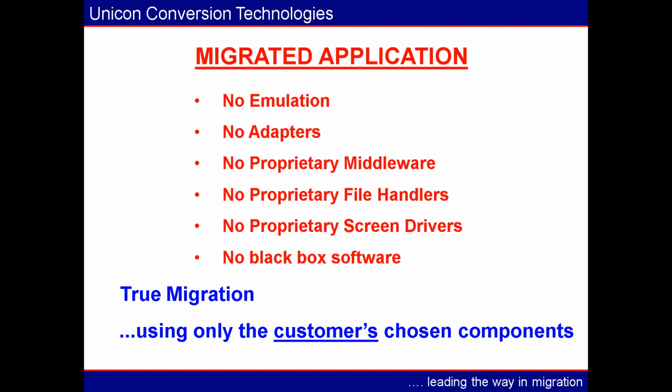The new component set will comprise only the customer's chosen components, screen mechanisms such as ASPX web forms or Java server pages, programming languages such as Visual COBOL, C# or Java, JCL scripting such as .NET, shell scripts or Perl, and database such as SQL Server, MySQL, Oracle, and UDB.